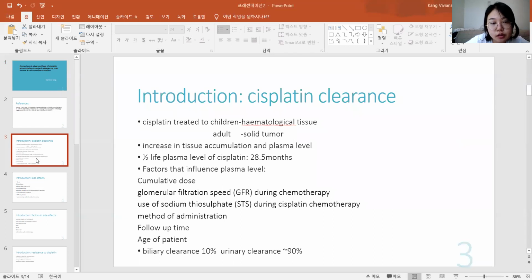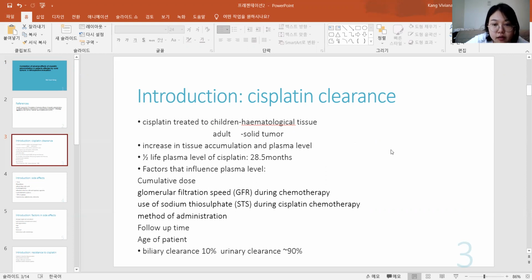Cisplatin is a platinum-based compound that is useful in treating cancer. It is used to treat children for hematological tissues and adults for solid tumors.